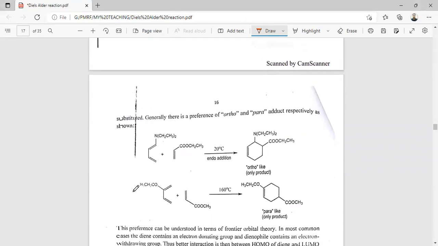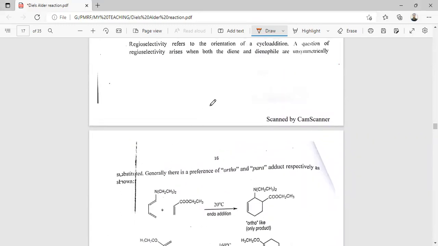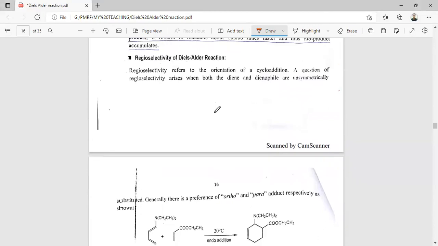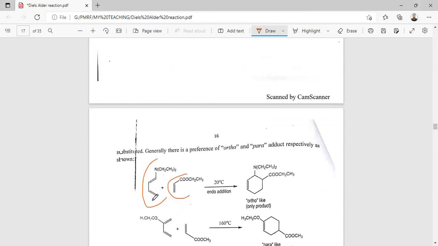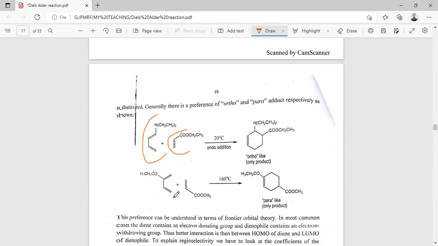So when both the diene and the dienophile are unsymmetrically substituted, in this reaction the diene and dienophile undergo addition to form this ortho-like product, and in this other case maybe the para-like product.